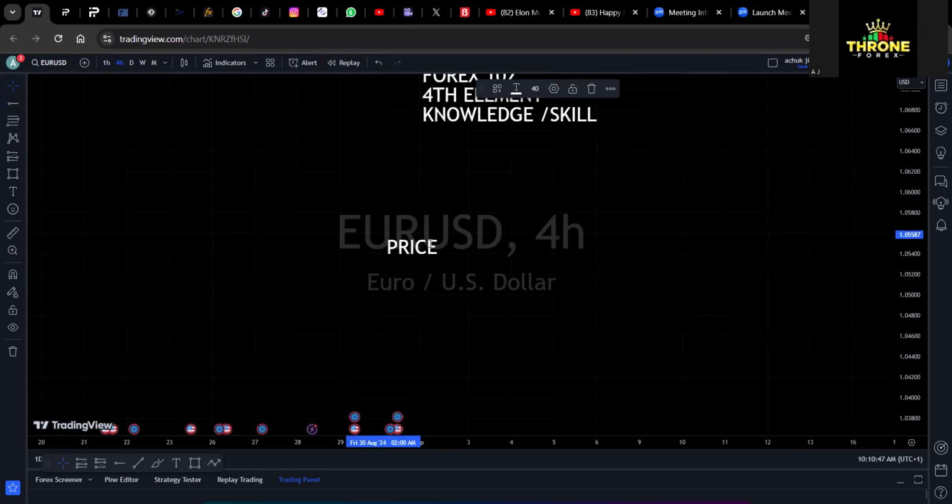So price difference is definitely not SMC, smart money concepts, but it also uses some parts of smart money concepts. It also uses purely price action.